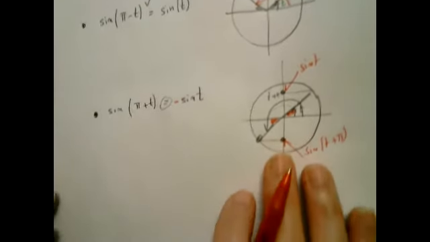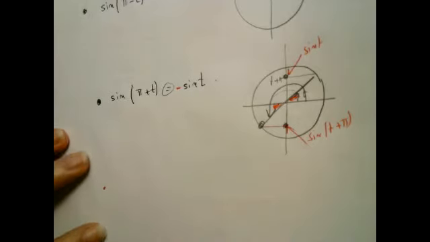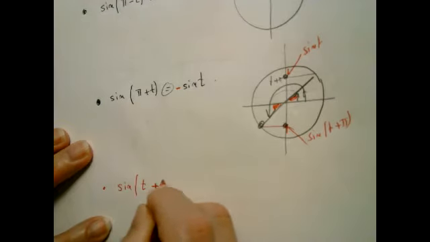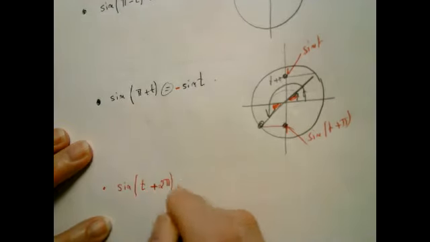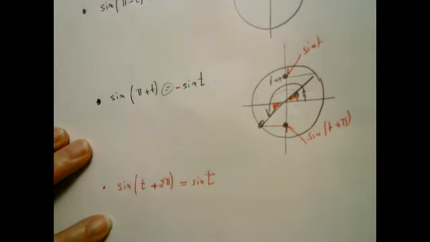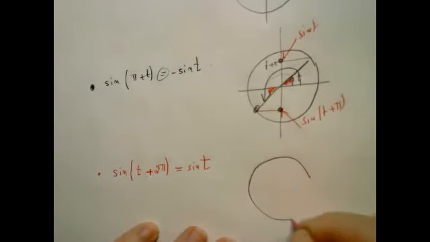And now, of course, not the most important one, but the one that we should know: the sine is periodic with period 2 pi. It means if I take an angle and I add 2 pi, it's the same thing as the sine of T. So it repeats itself. And that's very simply because of the following.